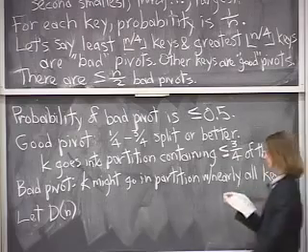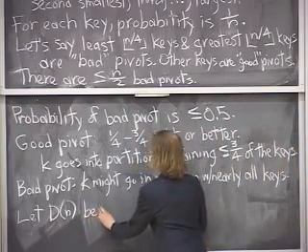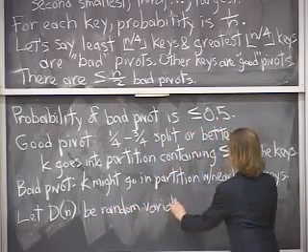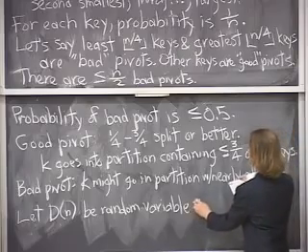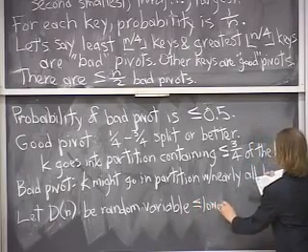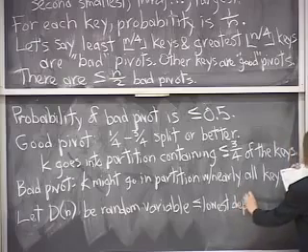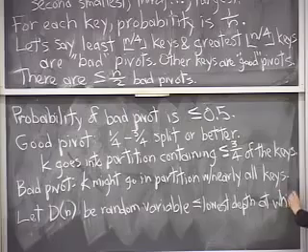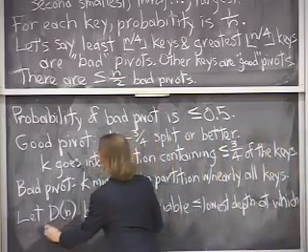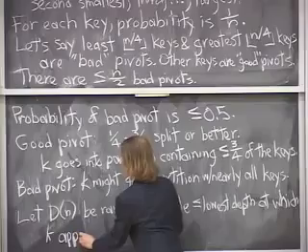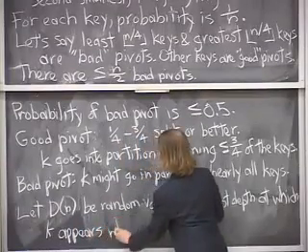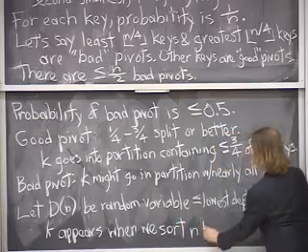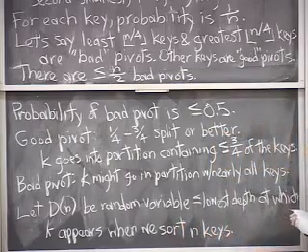So d of n is going to be a family of random variables, one for each value of n, which is less than or equal to the lowest depth that key k makes it to when we sort n keys.